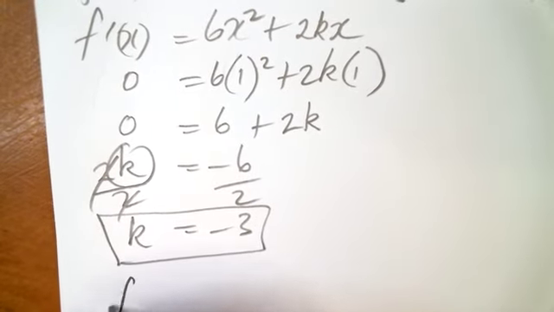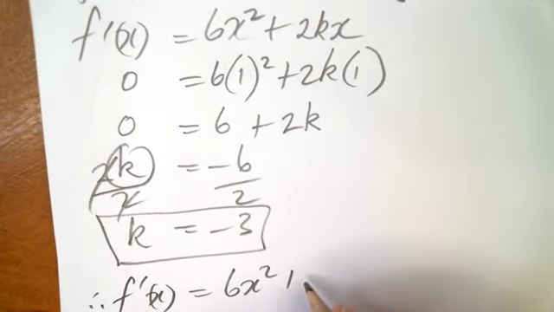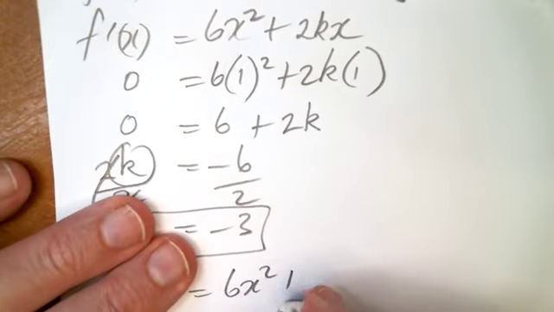So f prime x is equal to 6x squared plus 2 times negative 3 times x, which is equal to 6x squared minus 6x. I'm going to make this equal to 0.